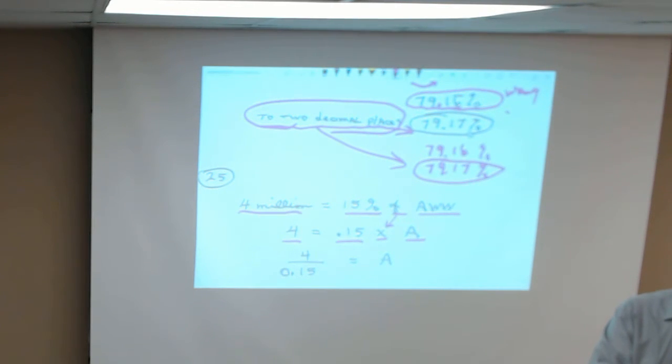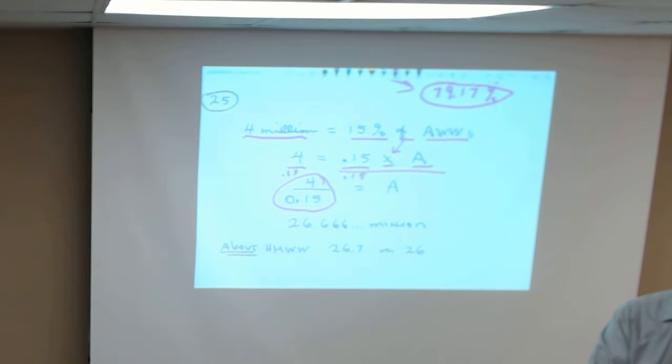So if 4 equals 0.15 times A, then if I divide both sides by 0.15, I get this new sentence. A equals 4 divided by 0.15. And what happens when you divide 4 by 0.15?